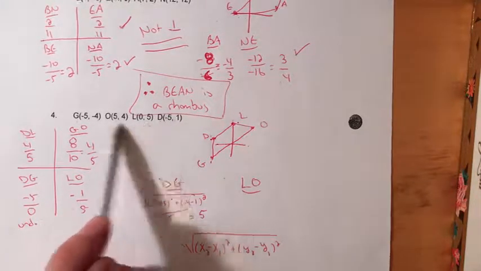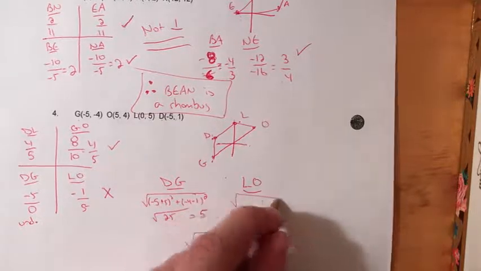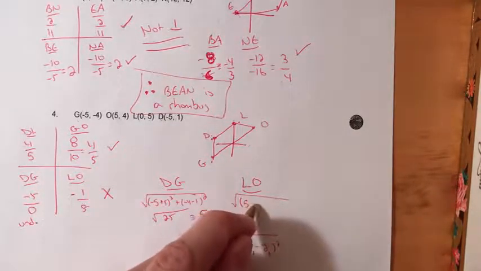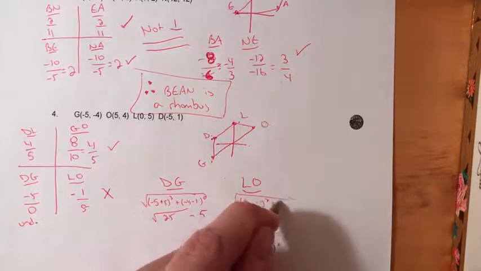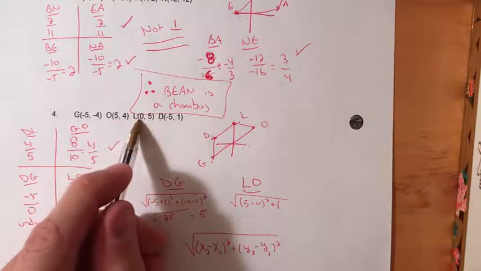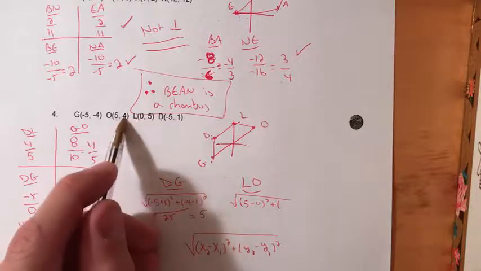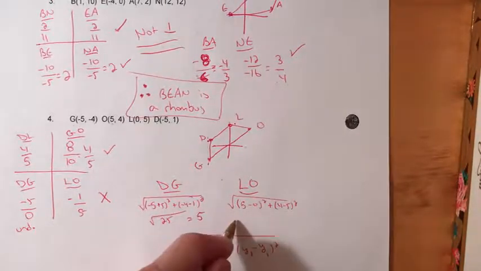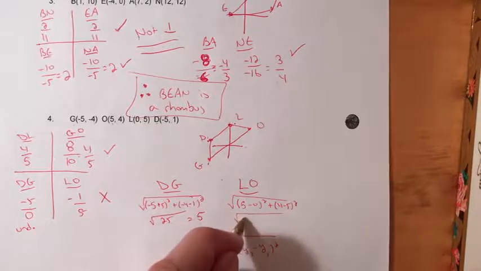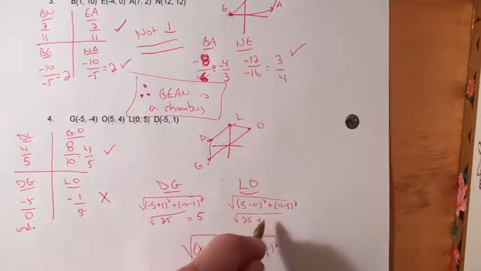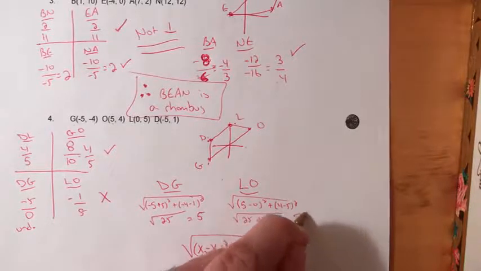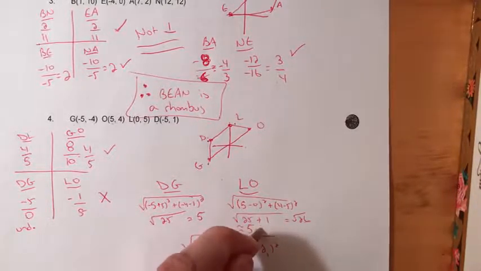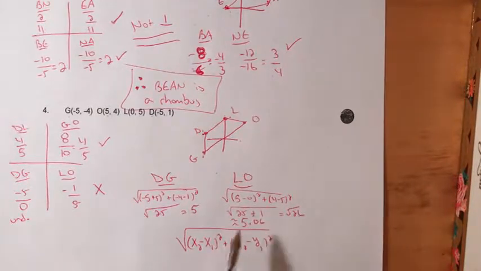For LO, these 2 points, I have 5 minus 0 squared, so x2 minus x1 squared, plus 4 minus 5 squared. So I get 5 squared, which is 25, plus negative 1 squared, which is 1, which is the square root of 26, about 5.06-ish.